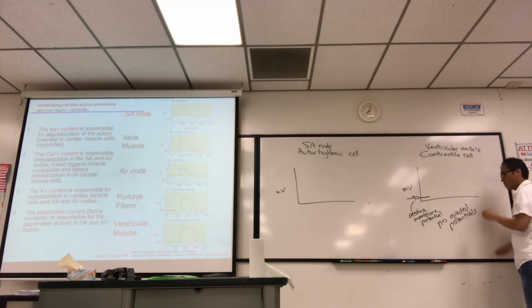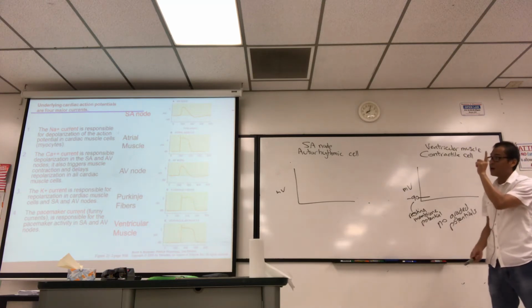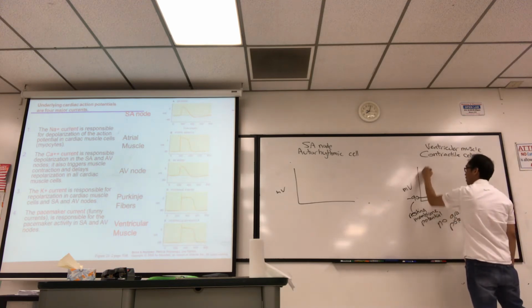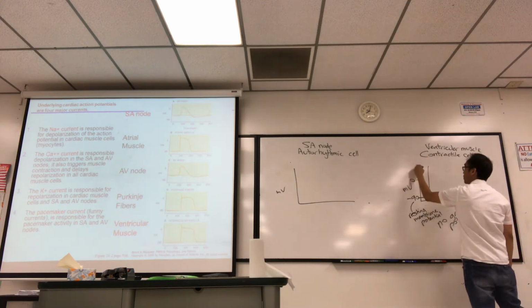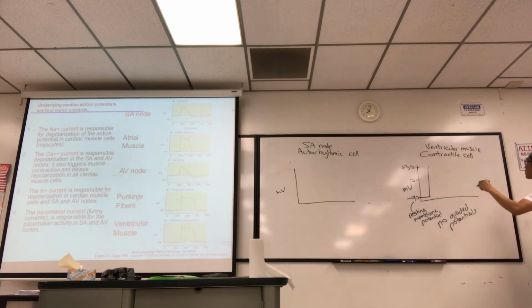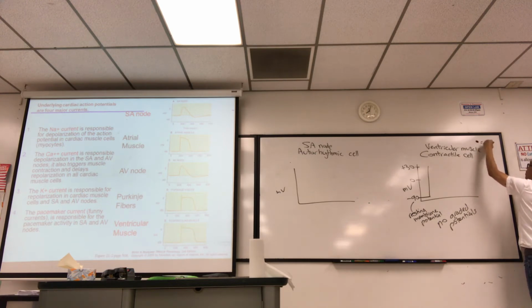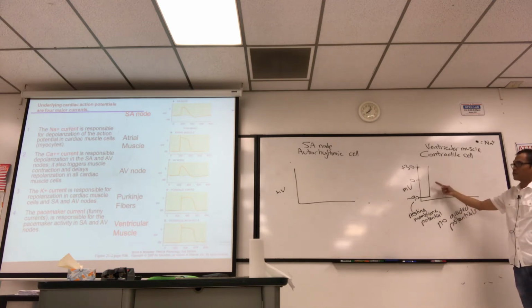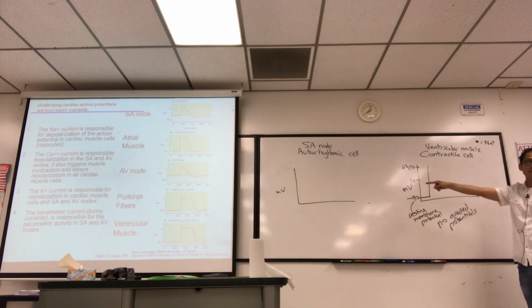Go straight from rest to depolarization, and it's carried by a sodium current. So I'll just draw a straight arrow going up, call that 0. Maybe it goes up to something like plus 30. So I'll use my black color. Let's say that's sodium. That's what we got. Sodium carries the depolarization current for ventricular muscle, not that cell.